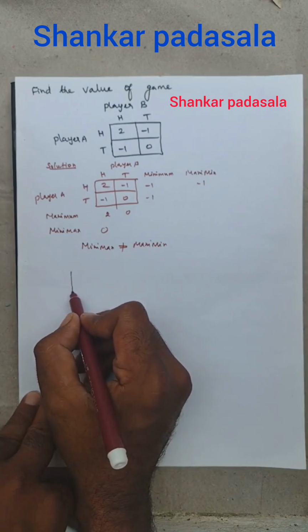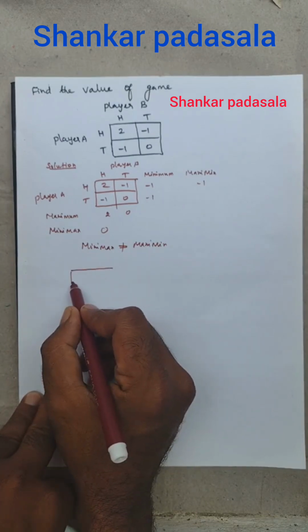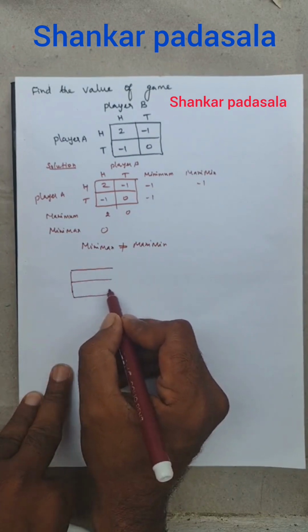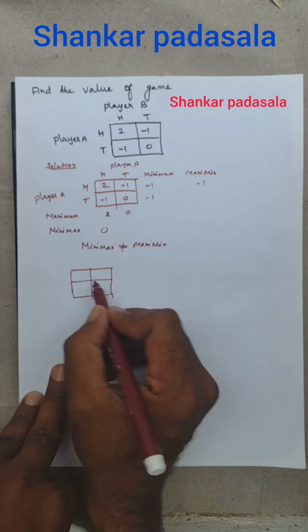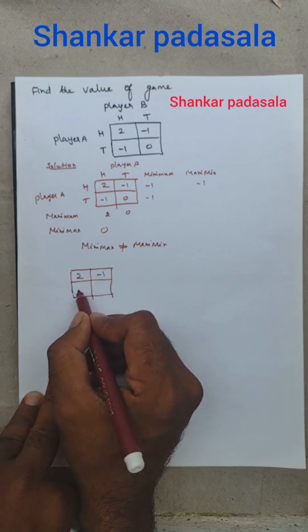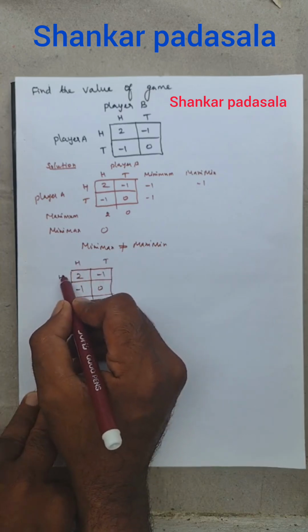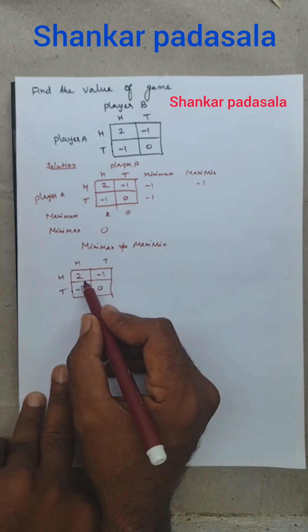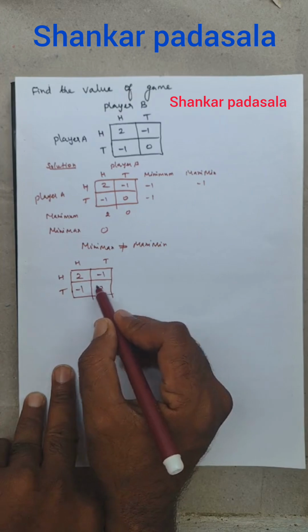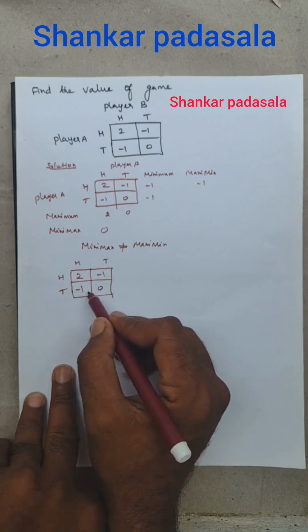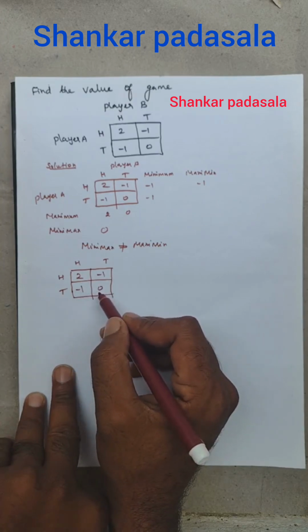First, write down the problem as it is: 2, -1, 0, 1, with H and T. Here in the first row we are going to find the difference between the second row values.